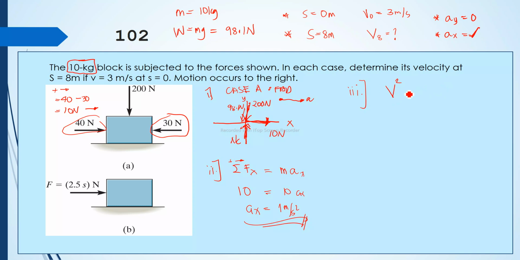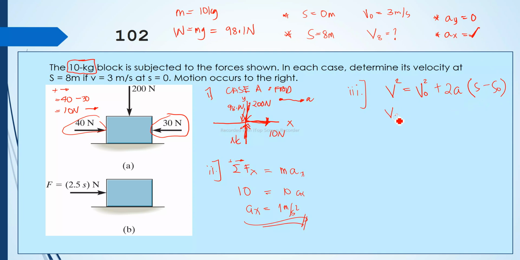The square of the final velocity is equal to the square of the initial velocity plus twice the product of our acceleration, the constant acceleration, and its displacement. So that is the final position minus the initial position.